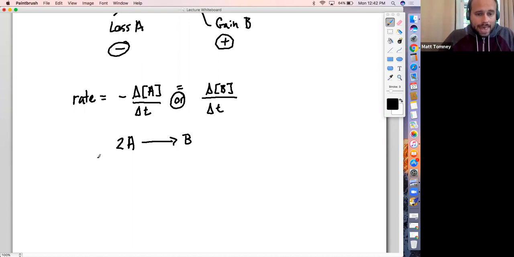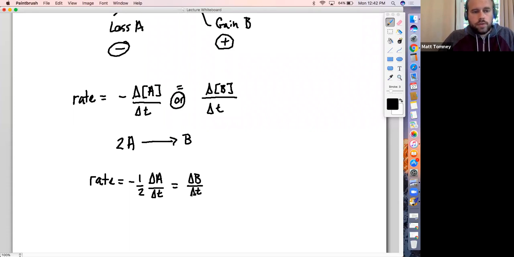And if I have 2A creating 1B, that means that the rate would need to equal negative 1/2 the change of A over change in time, which is equal to the change of B over change in time.